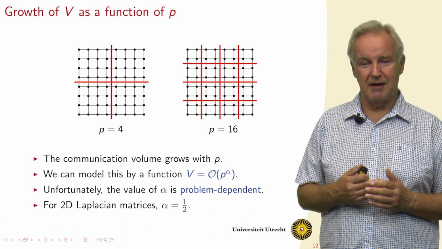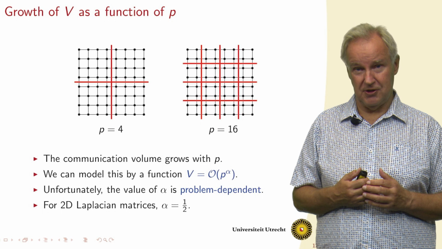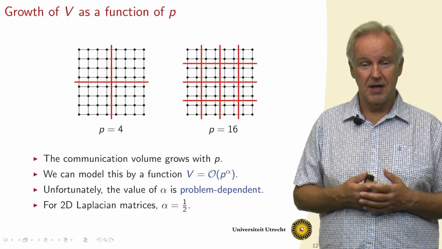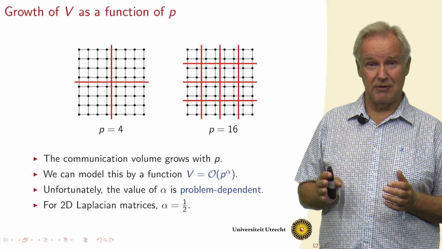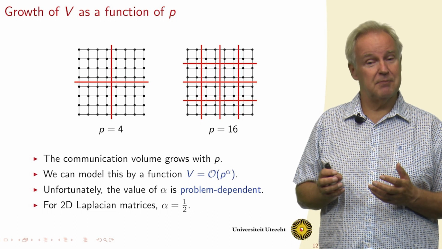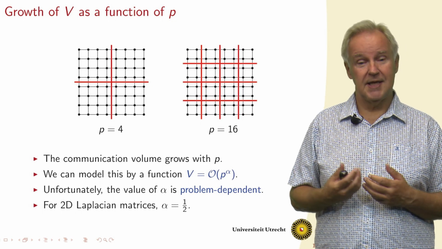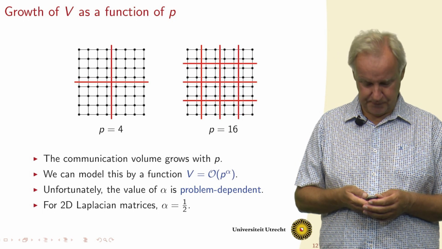For example, if you have a horizontal boundary, you get an extra horizontal boundary within that part if you split it into 4. So increasing the number of processors by a factor of 4 doubles the amount of communication. That means that V goes as the square root of P, and that's in 2 dimensions. In 3 dimensions, it's like the cube root.